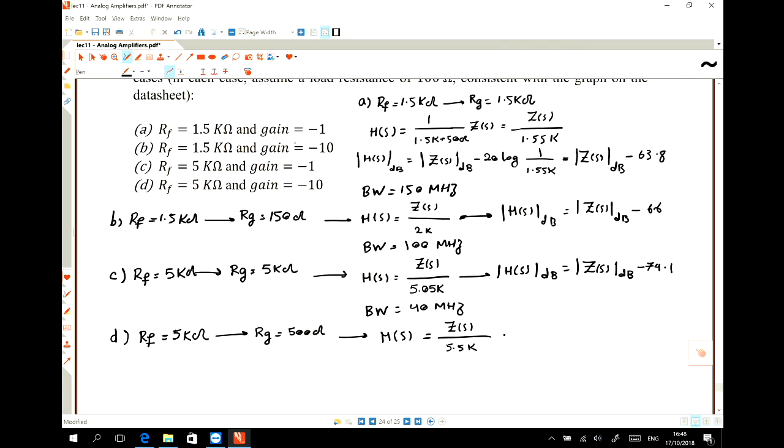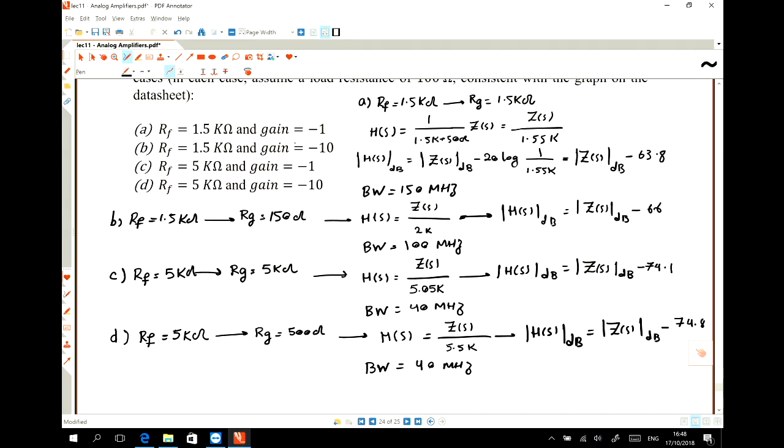And then the HS in dB equals ZS in dB, this time minus 74.8, which is almost similar to the previous one, and I can say that the bandwidth is 40 megahertz.